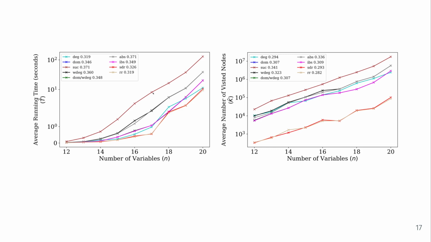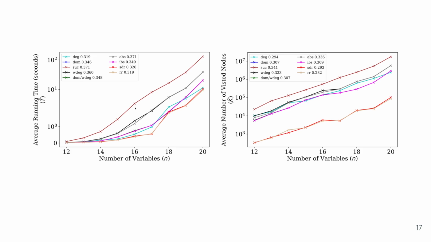Each cross here represents an algorithm's average running time on the random instances with a specific number of variables. So for example, this cross represents the algorithm SOC, its running time on instances with number of variables equaling 16.